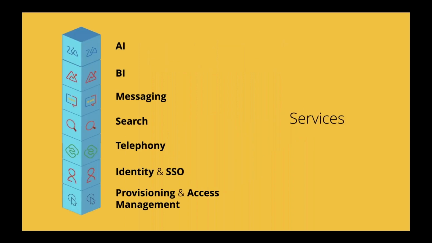So we'll go through some of these because I think this is some of the coolest stuff in Zoho One, in addition to the very comprehensive offering that it has. So AI, business intelligence, messaging, search, telephony, identity and SSO, provisioning and access management. The last two are more on the administrative side, but we'll quickly go over some of these.